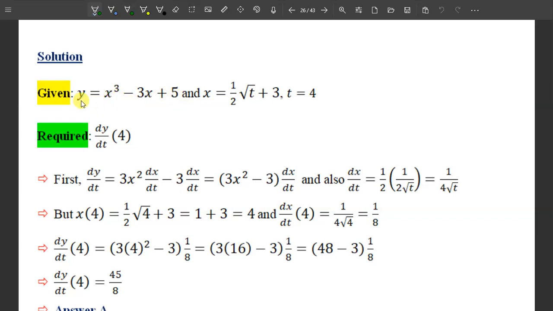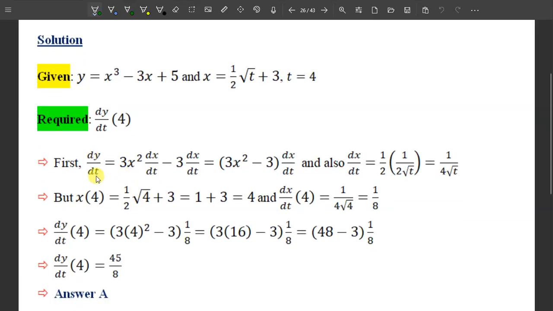Differentiate y with respect to time, even though there is no time here, since our x is also dependent on time, since x is given as a function of time. Therefore dy/dt becomes: differentiate x cubed, which means 3x squared multiplied by dx/dt, since x is dependent on time.